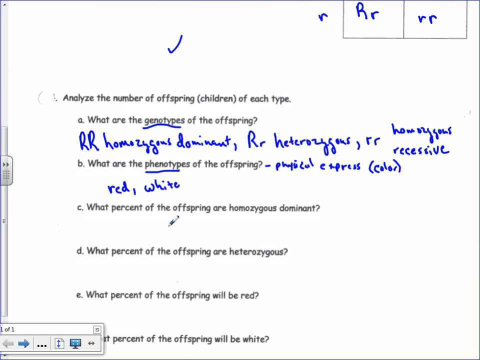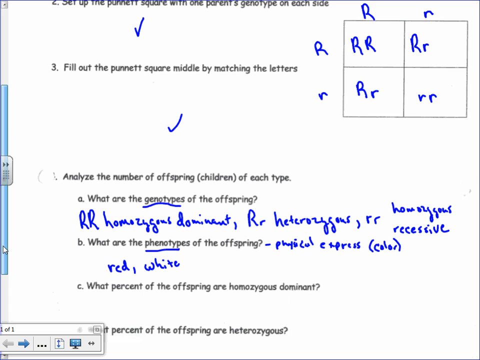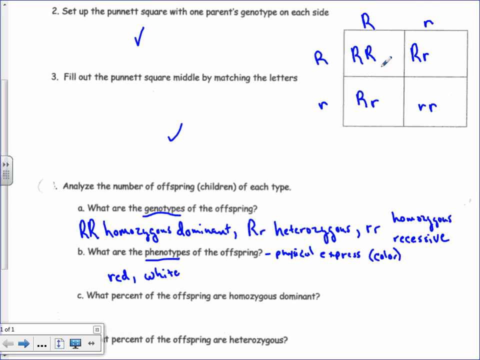Okay, now we have to break it down into percentages. So what percent of the offspring are homozygous dominant? So if we look at the square up here, we have one box out of the 4 total are going to be homozygous dominant. So that's 1 out of 4, which is 25%.